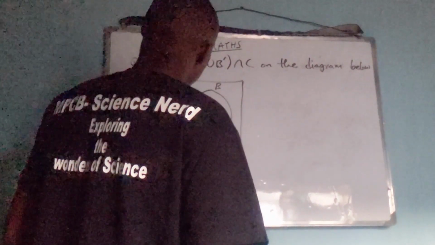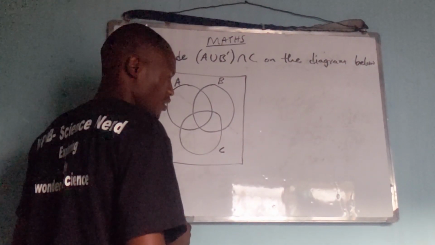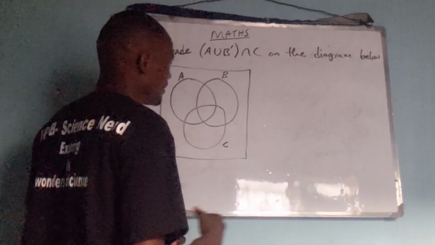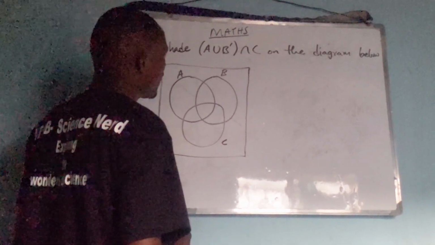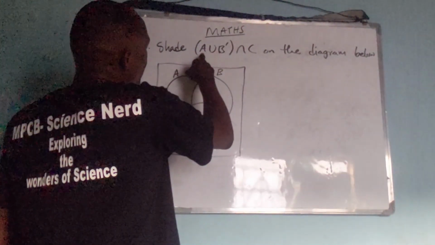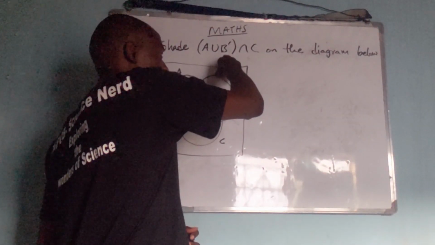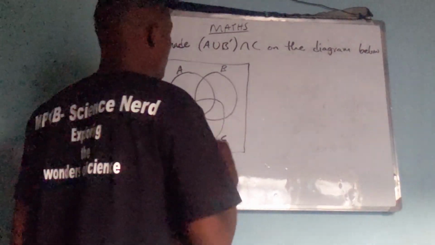Now, from the statement, we have B complement. Complement means not including. Therefore, we are going to say A union not including B in brackets. So we are going to shade that.